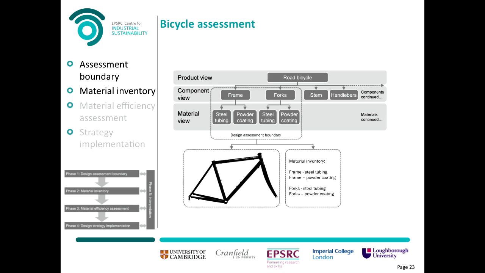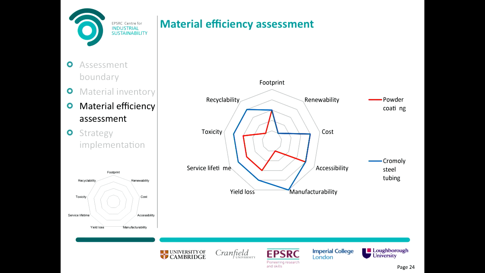Within the assessment boundary, you then pull out your material inventory. So those are the materials that you want to look at within your product. You then carry out a material efficiency assessment of those materials using those factors that I was talking about before. And then finally, you can look into implementing a strategy.